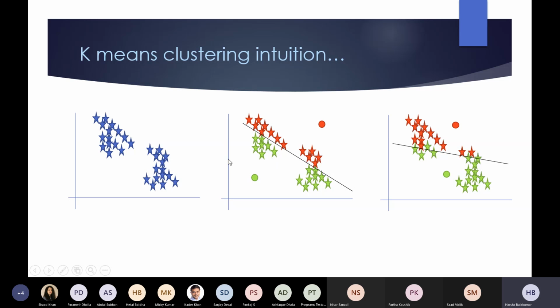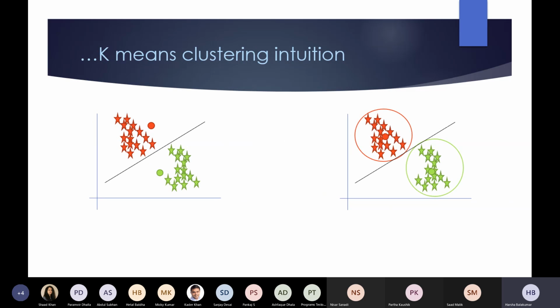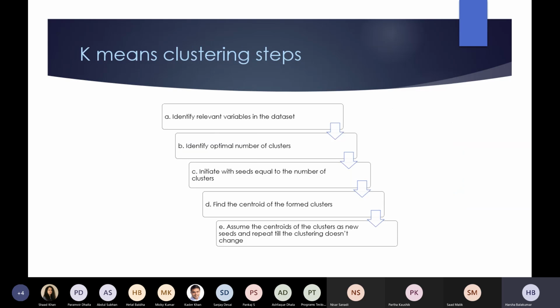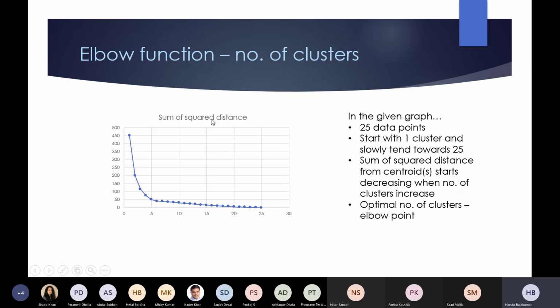Even if you look at it visually, there is a clear indication that you can form 2 clusters easily. If you have more distributed data, the sum of squares of the distance for one cluster formation is going to be the highest for any data distribution, unless the data is very, very close and you have only one cluster. So you find the sum of squared distance when you take one cluster.